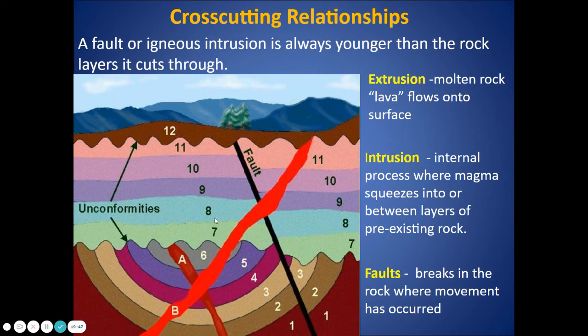So we would have had 7, 8, 9, 10, 11, and then the fault came along, and then the intrusion of B came along. And do we see how all of them actually got eroded? So then now comes the unconformity, because here comes that erosional event. And then after all of that is currently what's below our feet, number 12.